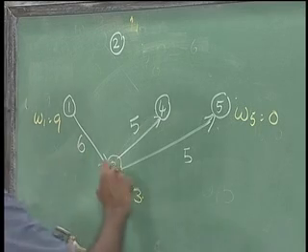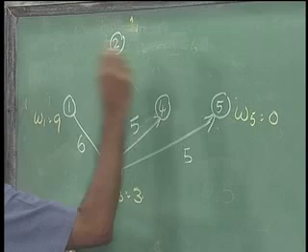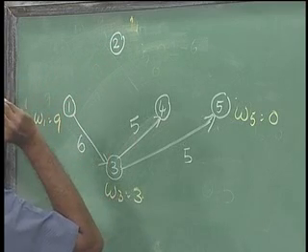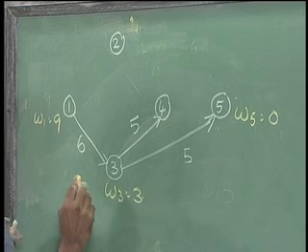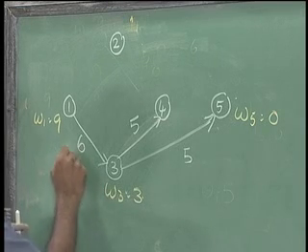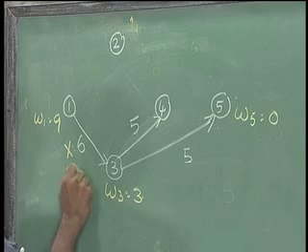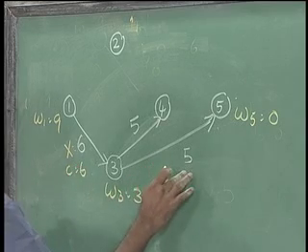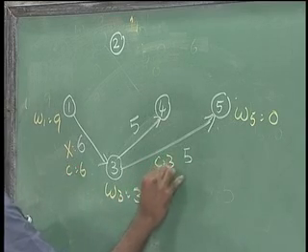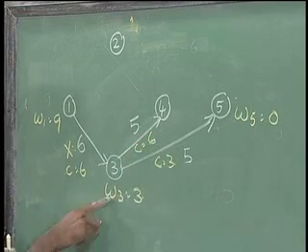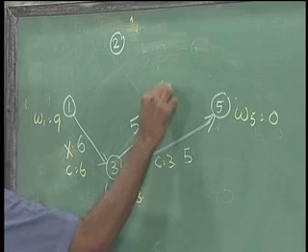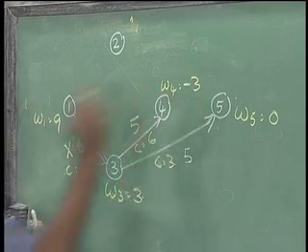This would give us Wi minus Wj is equal to Cij. This is x equal to 6, this is c equal to 6, this is cost equal to 3. So, here cost equal to 6. So, Wi minus Wj is equal to Cij. So, this will be minus 3.